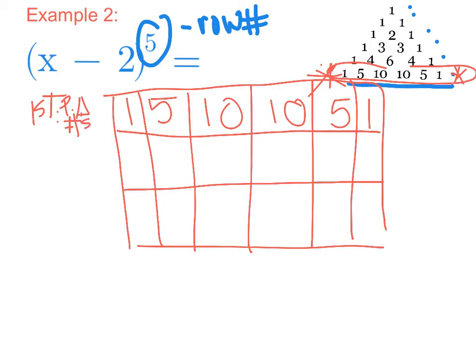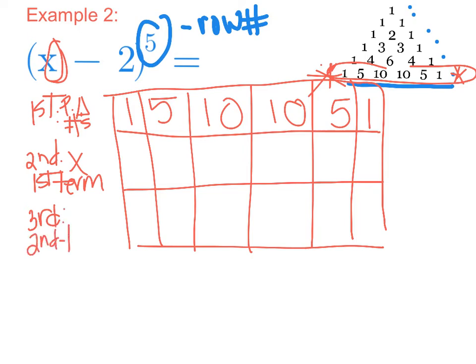Our second row will represent our first term in our problem, which is x. And then our third row would represent our second term, which would be -2.